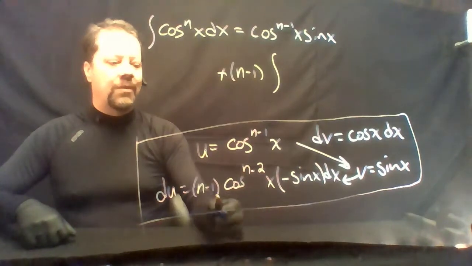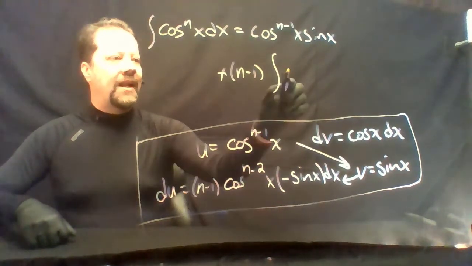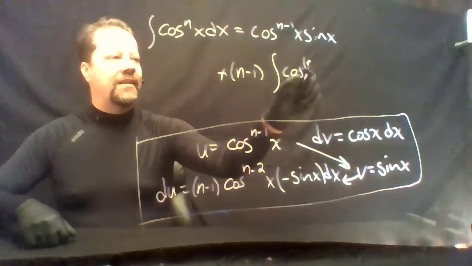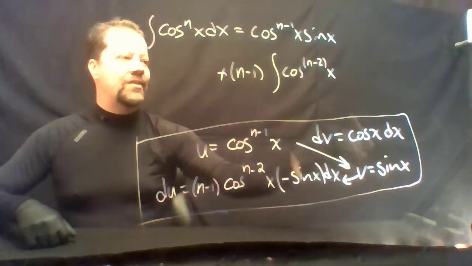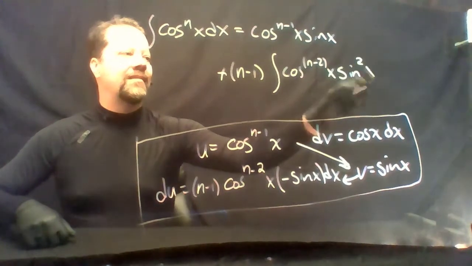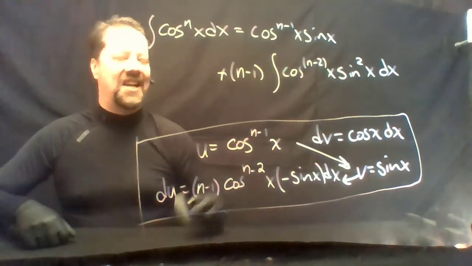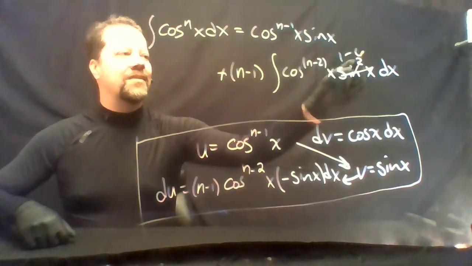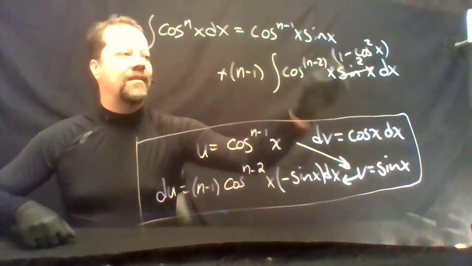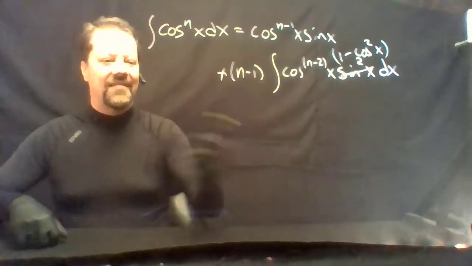The n minus 1 will move out of the integral. We'll have sine to the n minus 2 x sine squared x dx.